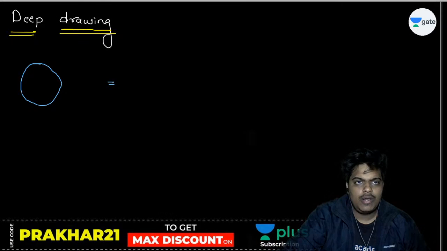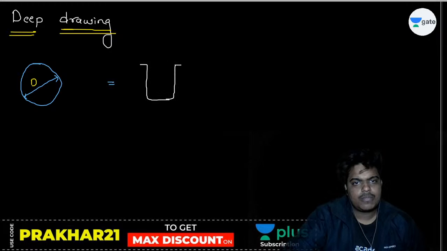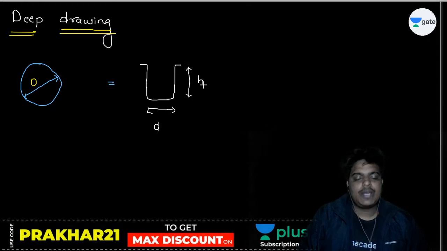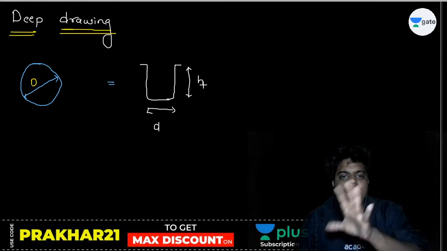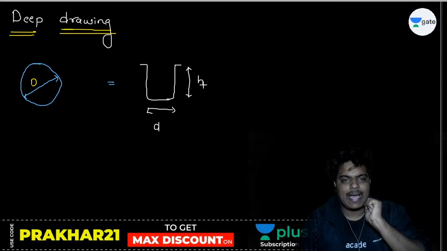Suppose the diameter of this blank is D, it is drawn into a cup of diameter small d and height capital H. Is it clear?